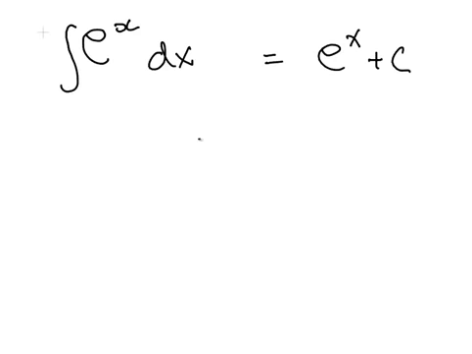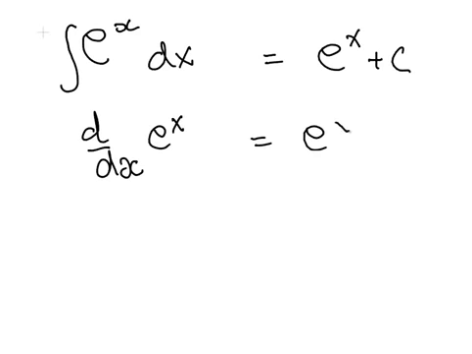A quick remark about e to the ax. The integral of e to the x is itself, e to the x plus c. The derivative of e to the x is again itself. So far so good. But what happens when we have the integral of e to the ax dx?